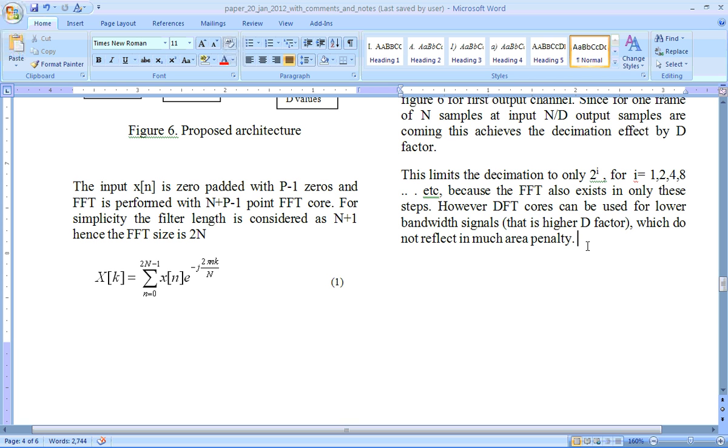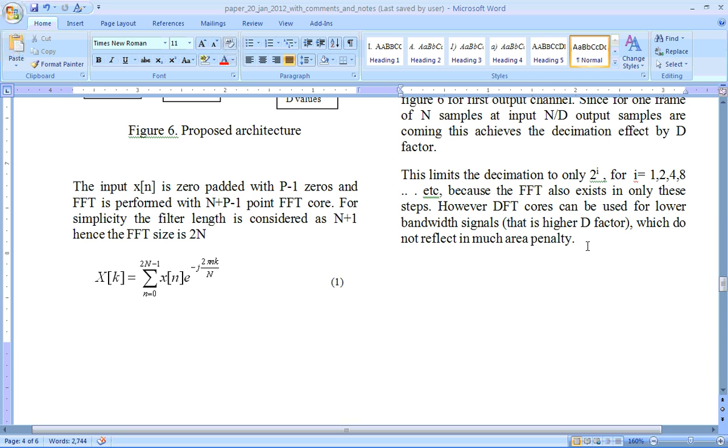Now here, at lower decimation values, that is acceptable. 1 you are able to do, 1 means no decimation. 2 you are able to do, 3 you are unable to do, 4 you are able to do, 5, 6, 7 you are unable to do, 8 you are able to do. So only 2 or 3 are missing. But when you go to higher decimation values, what you are missing becomes more.